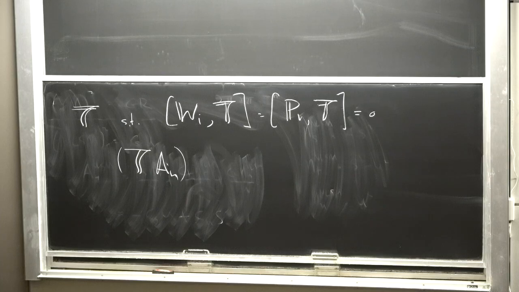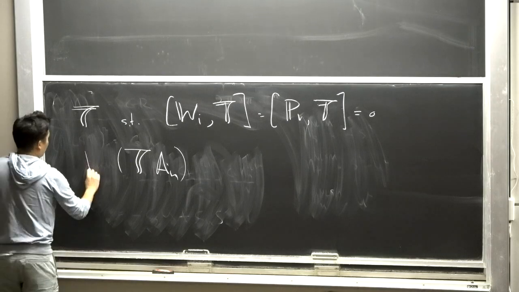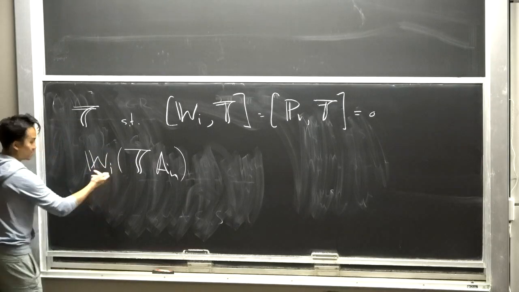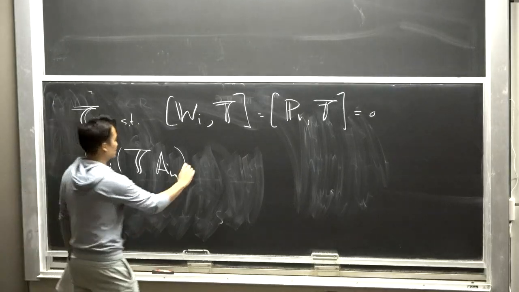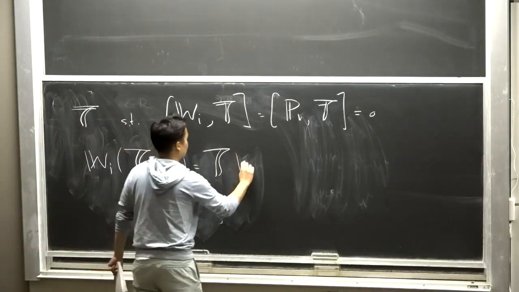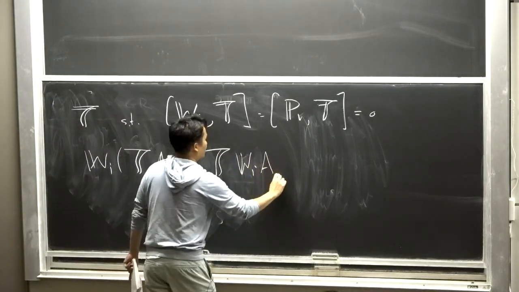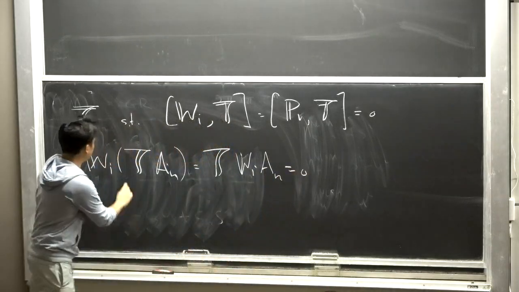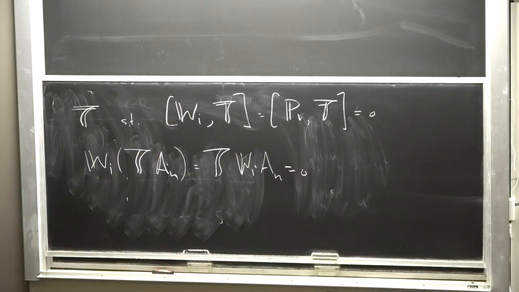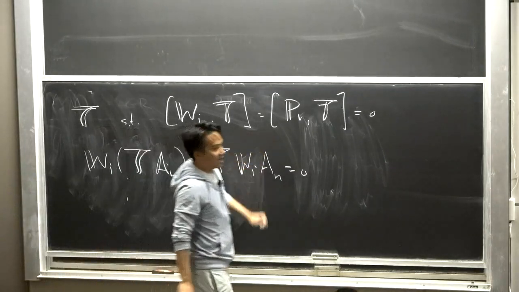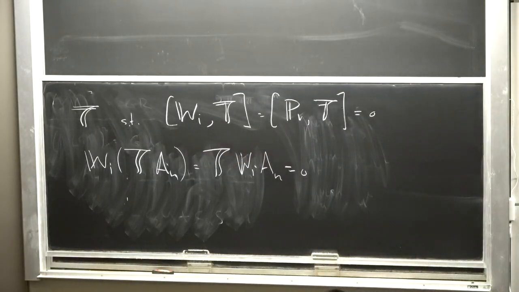Does this new thing satisfy momentum conservation? Well, yes, it does, because these commute. So since this is 0, and similarly for momentum conservation, if you can build something which commutes with these, then that object will take gauge invariant things and make other gauge invariant things.